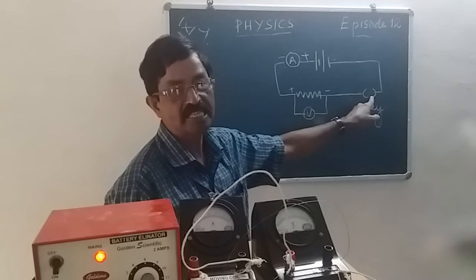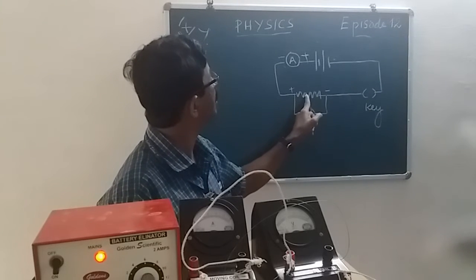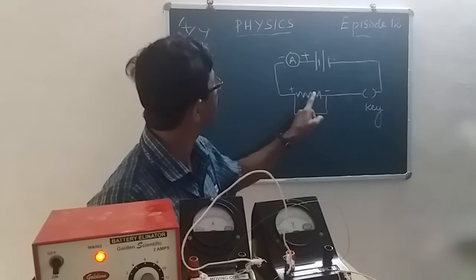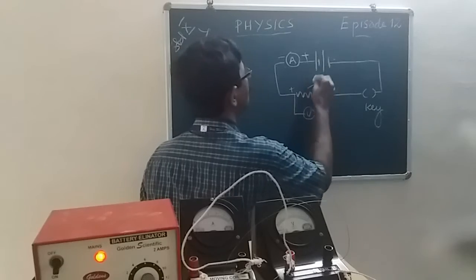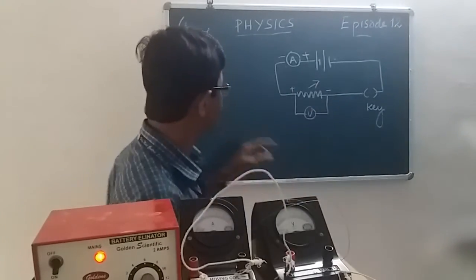In between them there is a key. And see, the voltmeter is connected in parallel. We are measuring the potential difference across this resistor. This is the nichrome wire shown in this circuit diagram.